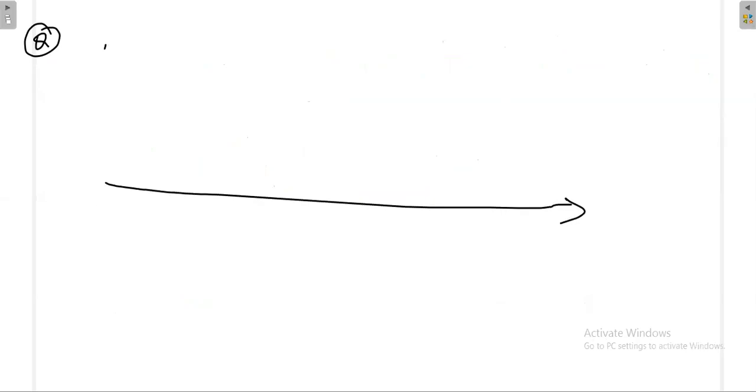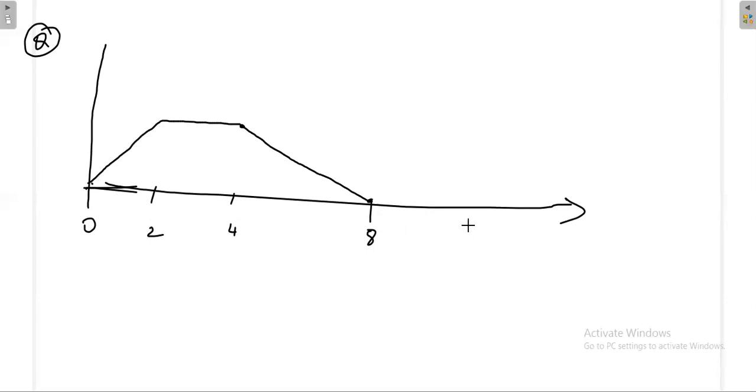Okay, next question. If there is a trapezium waveform, it is like this. See, this is 0, 2, 4, 8, and again this waveform is getting repeated, extended as it is. 8 means 10, 12, and then 16.